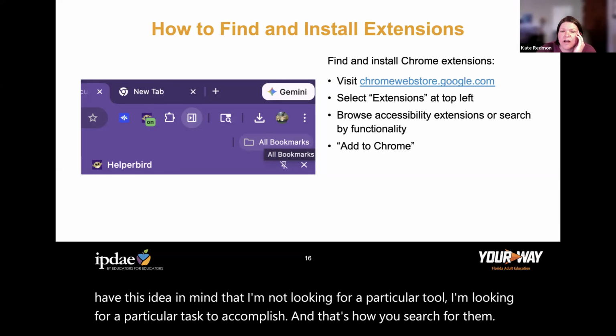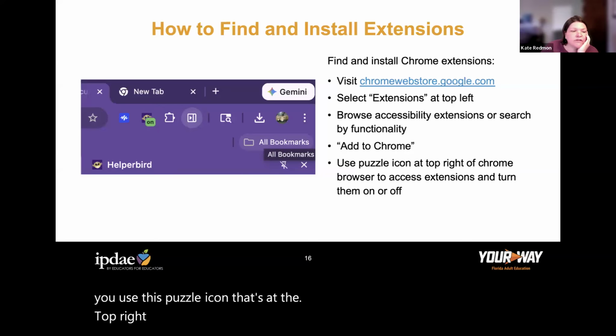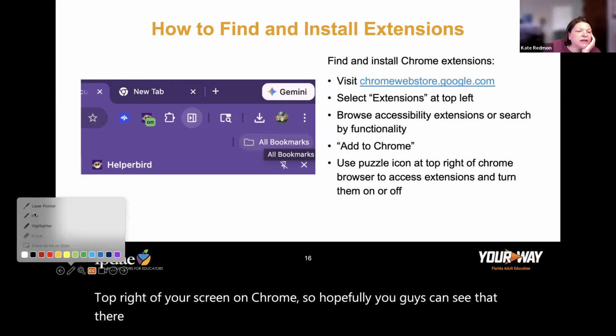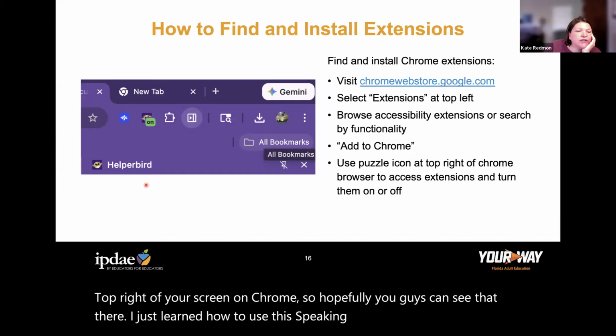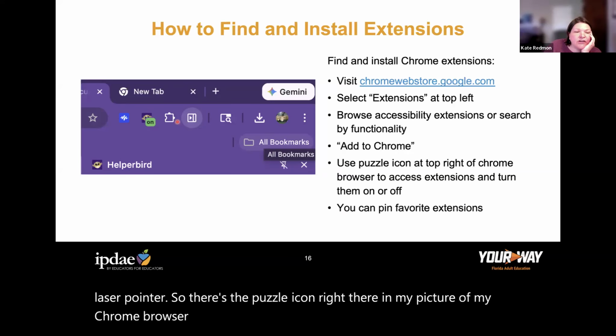Once you find the ones you want, you just add them to Chrome, and then you use this puzzle icon that's at the top right of your screen on Chrome. So hopefully you guys can see that there. I just learned how to use this, speaking of assistive technology, a laser pointer. So there's the puzzle icon right there in my picture of my Chrome browser. And then from there, you can also pin your favorite extension.